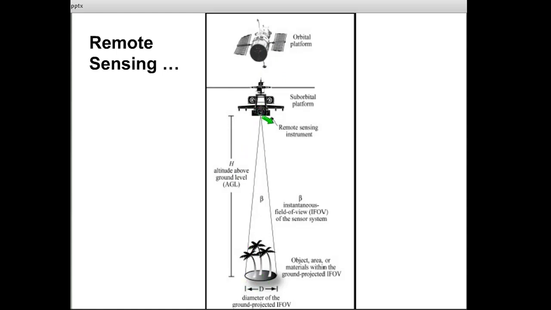The height of the satellite or the platform really decides a lot about the quality and quantity of information you can get. And then the instantaneous field of view also plays an important role in deciding how accurately or precisely you can get certain information about the object.